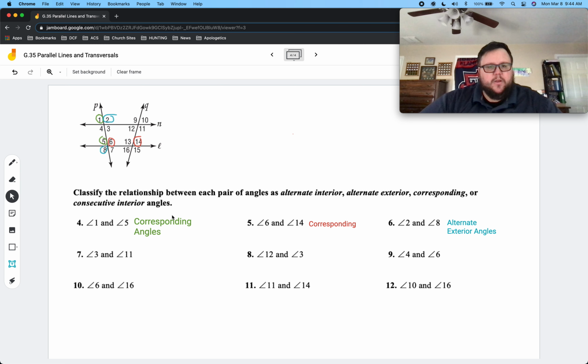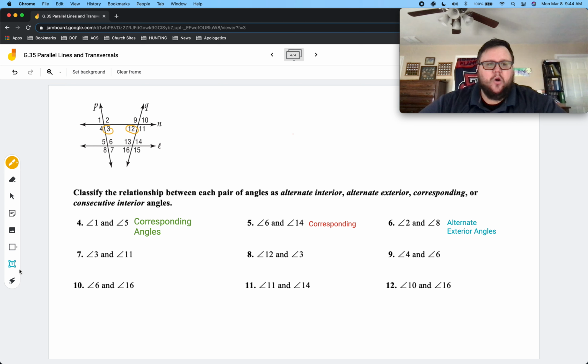I'm going to do number 8 with you guys now. And we'll do that in orange. Angle 12 and angle 13. First, I'm going to erase what I've done so that it makes it even easier. So, angle 12 and angle 13. So the transversal is N. They're on the same side and they're on the interior.